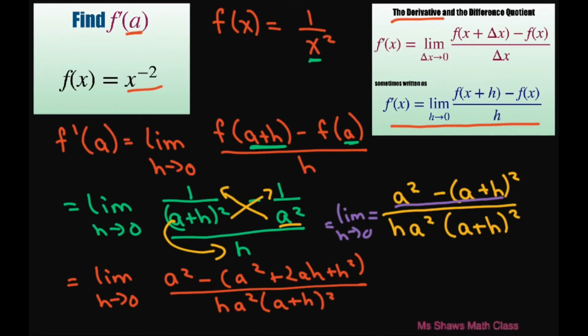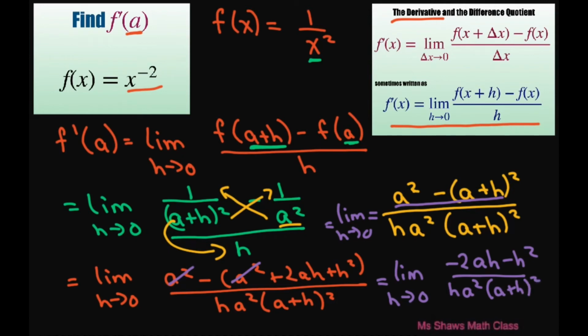Now simplifying this, when you subtract, the a squares are going to cancel, and we're going to be left, and I'm going to try to squeeze this part in here. Limit as h approaches 0, we're going to have negative 2ah minus h squared divided by our denominator, h a squared times a plus h squared.